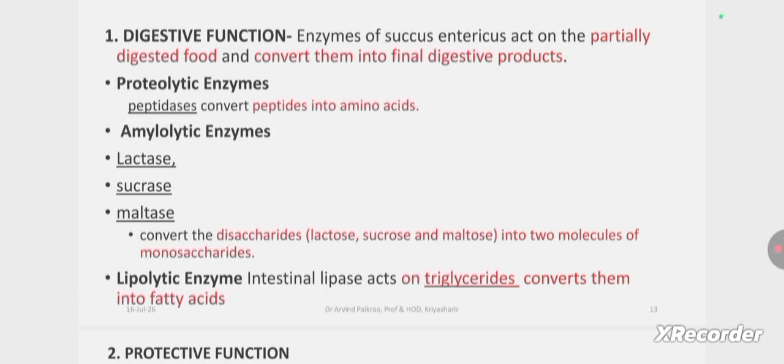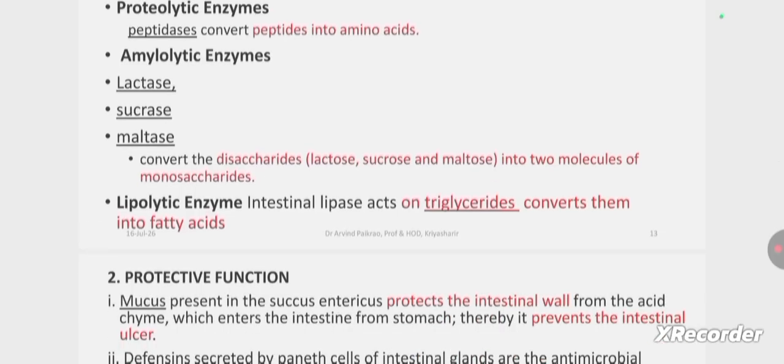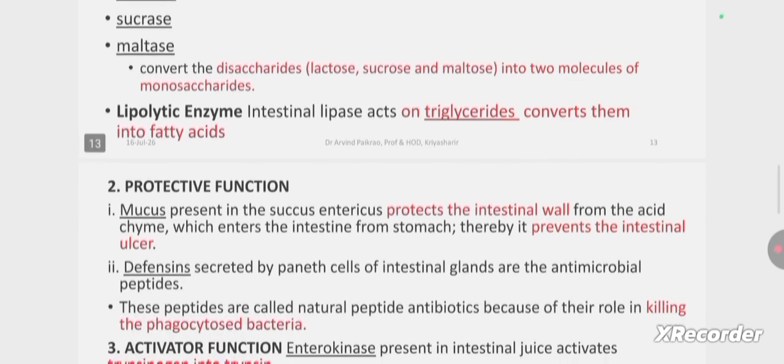We have seen peptidases that digest peptides into amino acids. Next are the amylolytic enzymes, lactase, sucrase and maltase, which convert disaccharides into monosaccharides. So digestion of carbohydrate occurs by amylolytic activities. Next is the lipolytic enzyme, intestinal lipase. It acts over triglycerides and converts them into fatty acids.